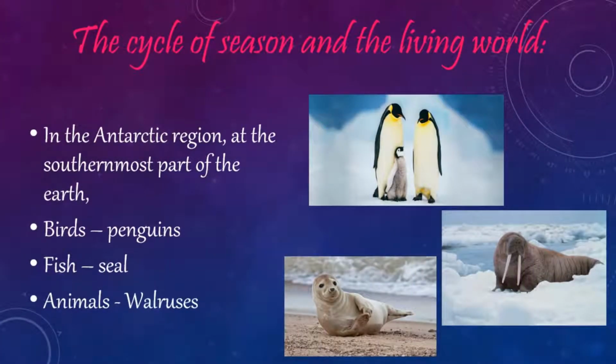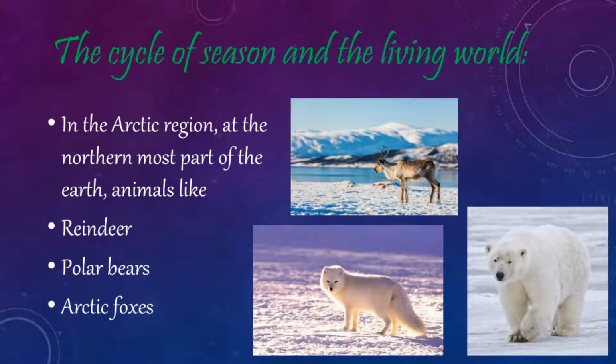In the Antarctic region, that is the southernmost part of the Earth, we find birds like penguins, fish like seal, and animals like walruses. In the polar region of the northern hemisphere, that is the Arctic region, animals like reindeer, polar bears, Arctic fox, etc. are found.